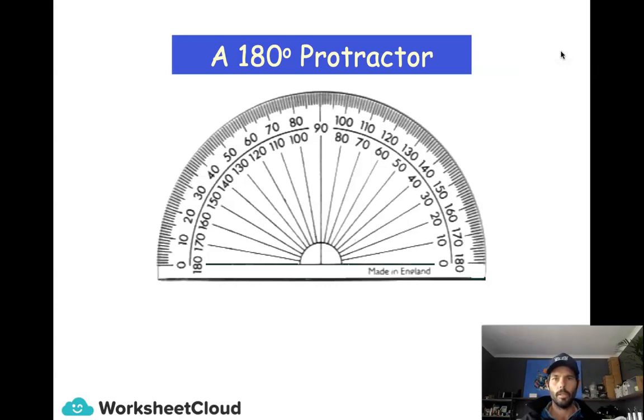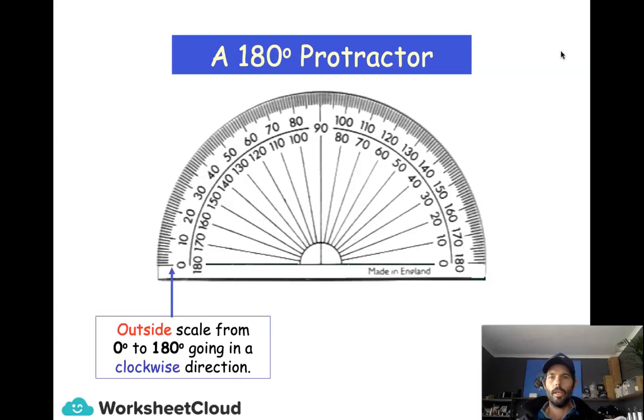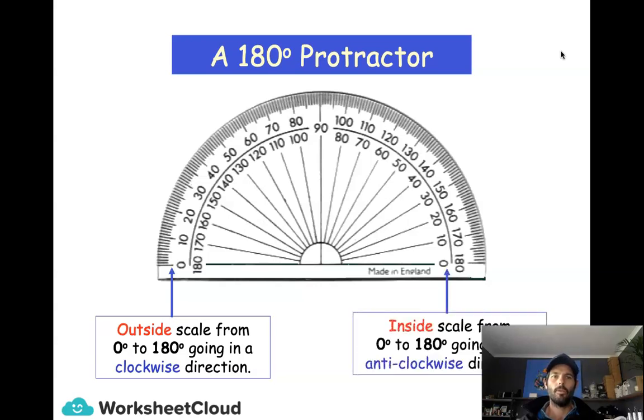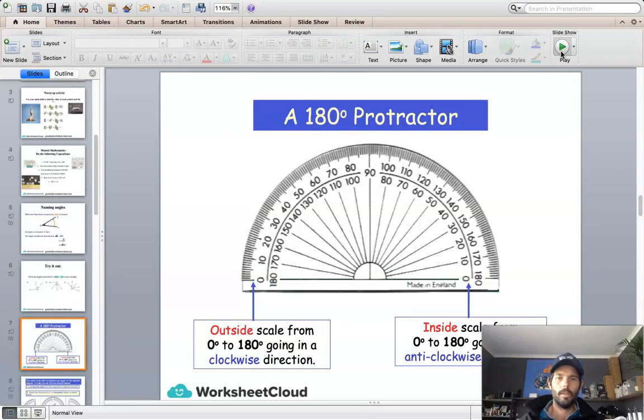But these 180-degree protractors are more common. You can notice that there is an outside scale from 0 all the way to 180 on the other side, and then there's also an inside scale from 0 to 180 going anti-clockwise.